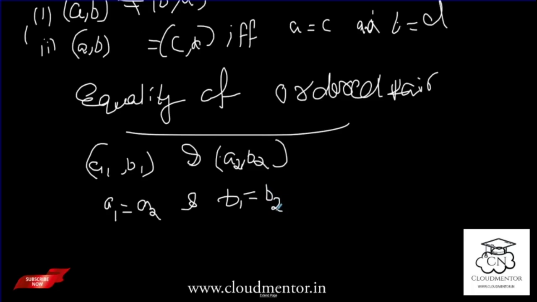So that's the definition. That is, ordered pair (A1, B1) is equal to ordered pair (A2, B2).